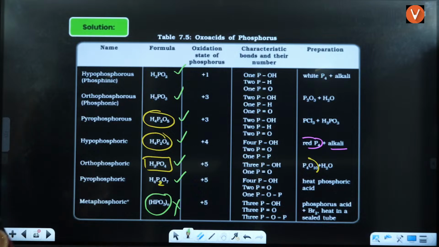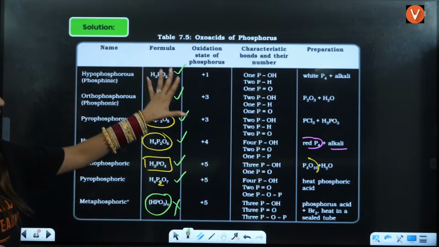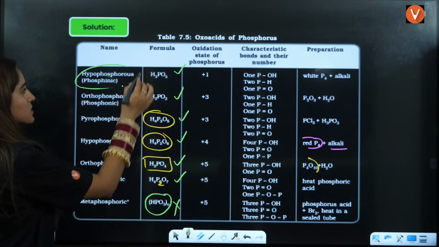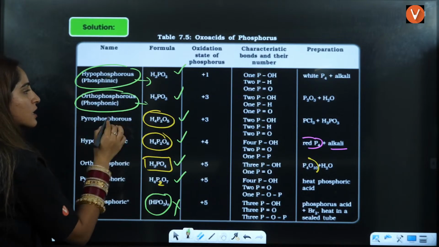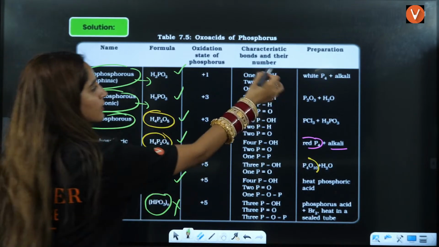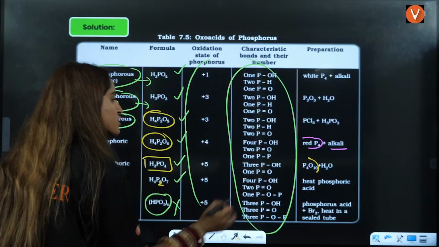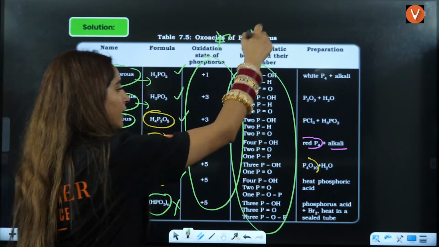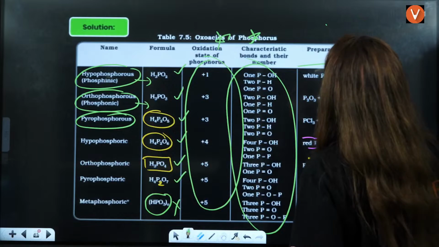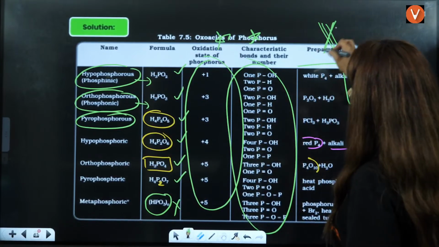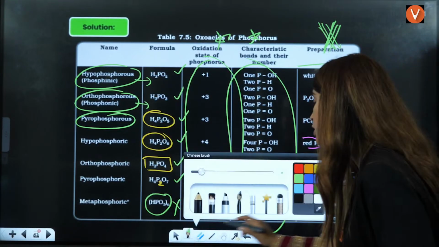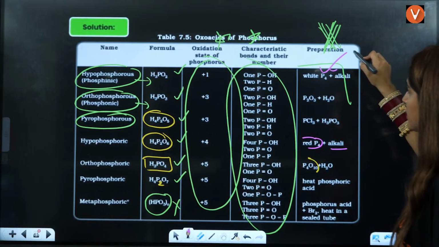Understand? Right? Beta, any problem here? The names, the formulas, the structures, the oxidation state, these are very important. This one you can ignore for JEE Mains, but for JEE Advanced, obviously you have to go through this also.